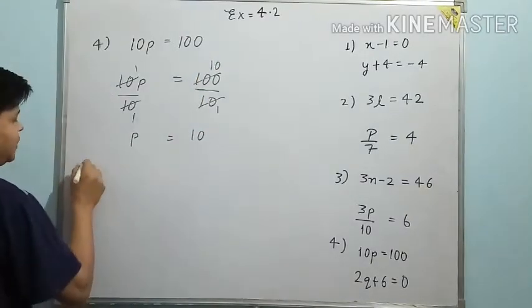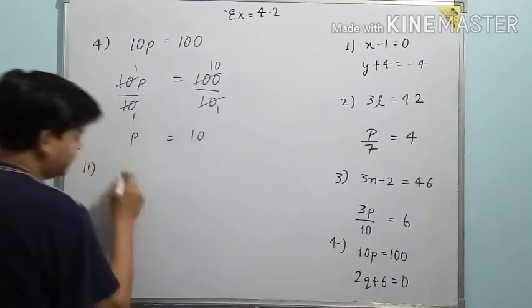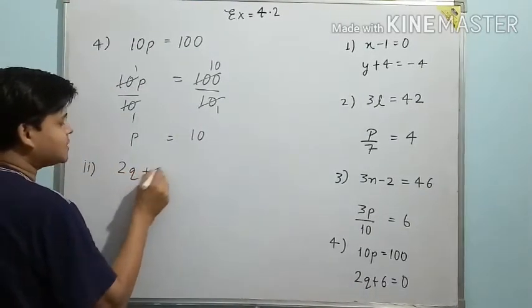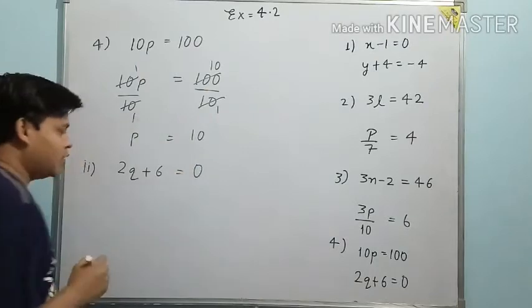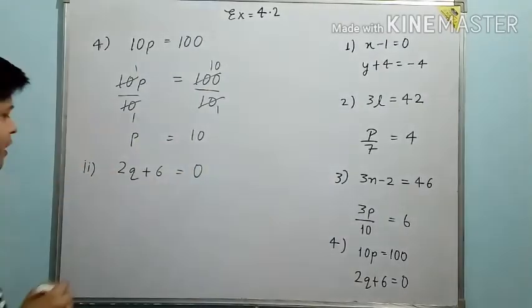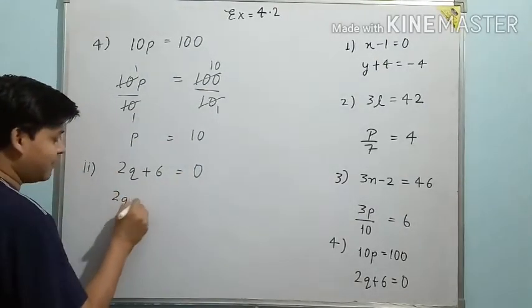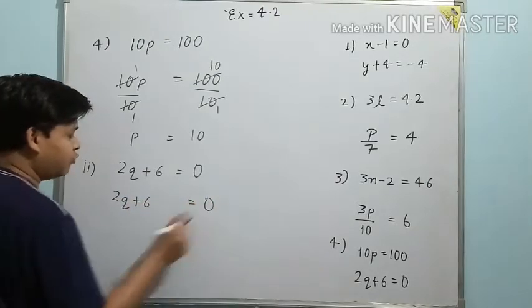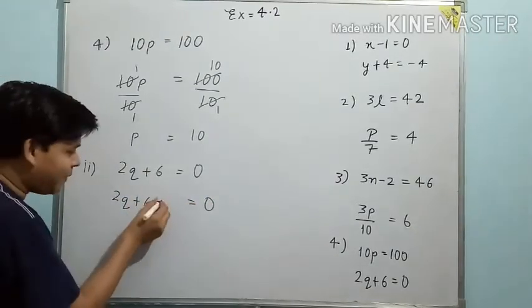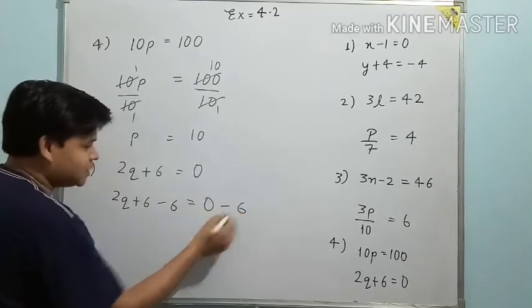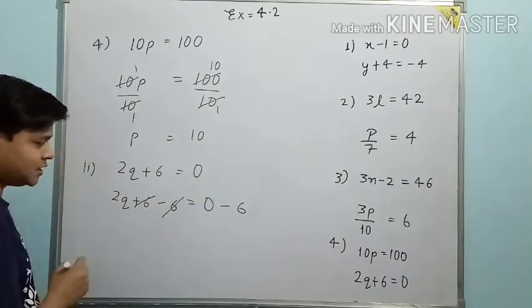Similarly, the second part is 2q plus 6 is equal to 0. First of all we will remove this 6. Let's note it down as it is. To remove this plus 6, we will write minus 6 on both sides. Plus 6 and minus 6 cancel each other.